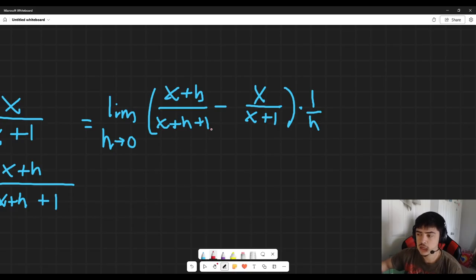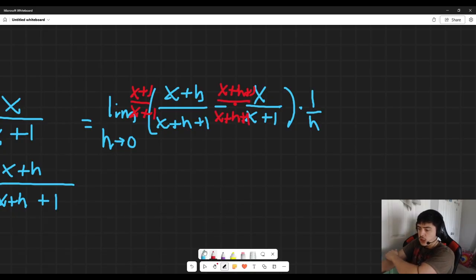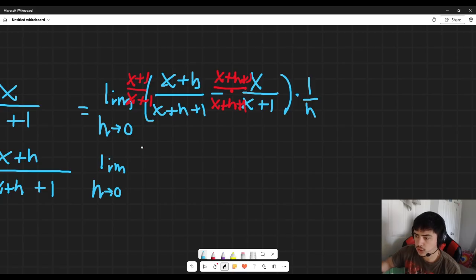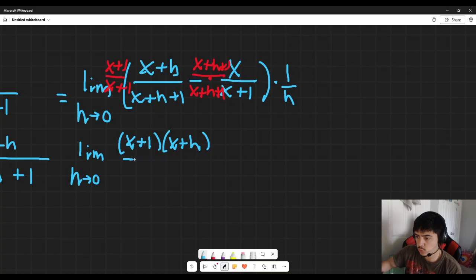Over here, this x plus h plus 1, if we multiply this side by x plus 1 over x plus 1, and then multiply this side by x plus h plus 1 over x plus h plus 1, the denominators are going to be the same. I'll show you what that looks like exactly. So up here, I'm going to write x plus 1 times x plus h. We're going to end up FOILing this, but we'll do that in one second.